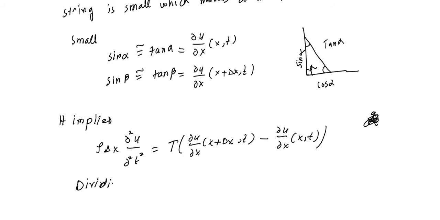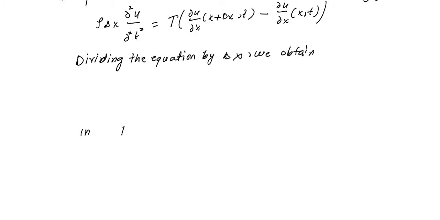So dividing the equation by delta x, we obtain, first of all, you will get rid of this delta x.